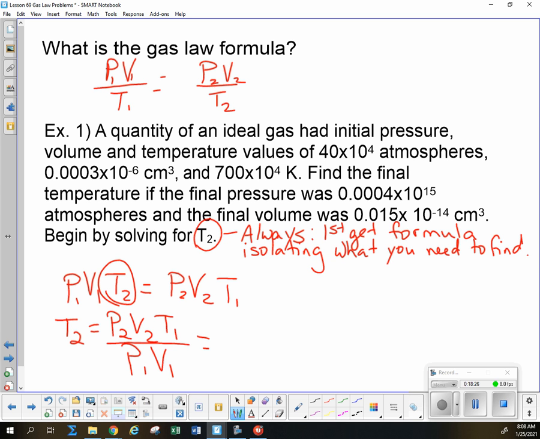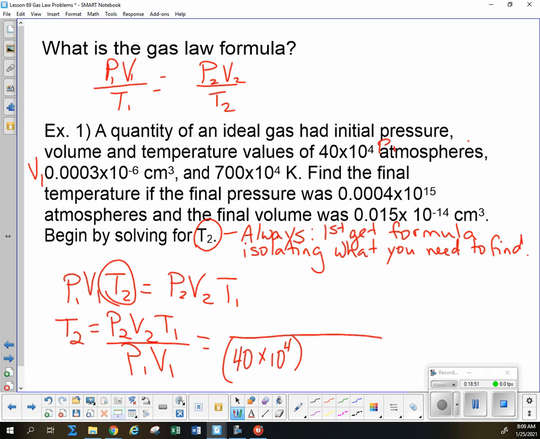So initial pressure is 40 times 10 to the 4th. We're going to have to combine with what we had with the graphing calculator skills. P1 is in my denominator, so 40 times 10 to the 4th. Okay, initial volume. The next thing is volume.